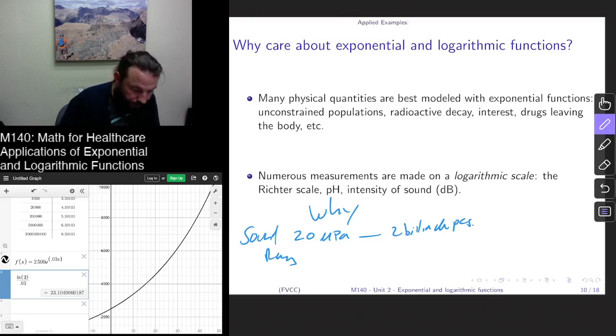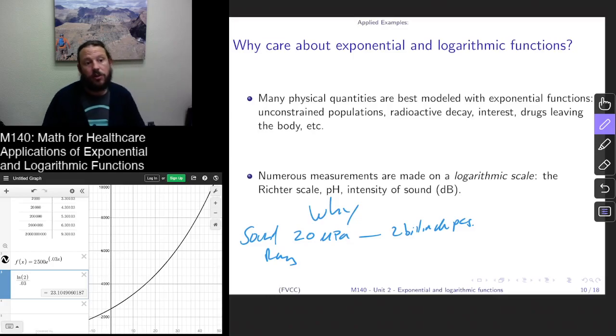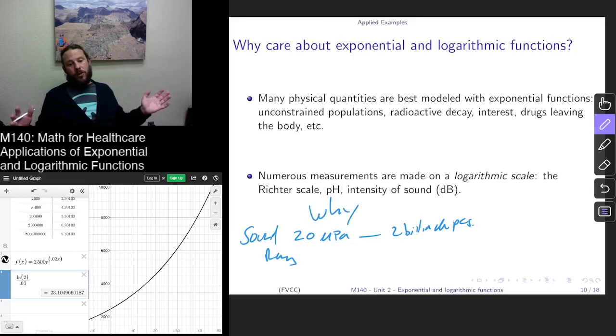Well, what does that mean? Why do we care about that? There's such a range of numbers there. They're different by orders of magnitude.